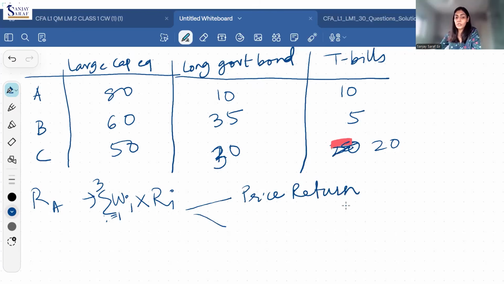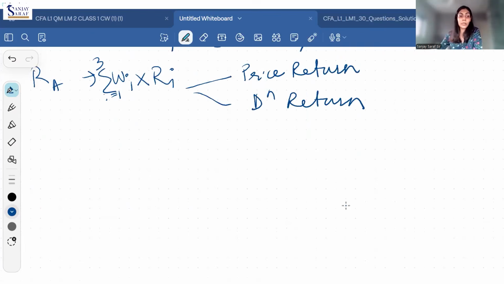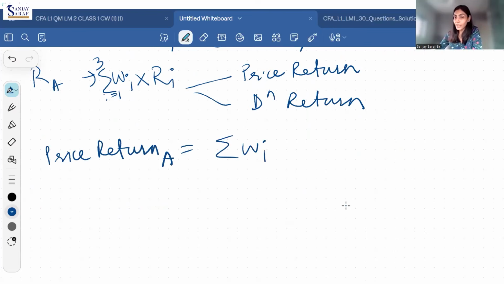Now, if I were given a distinction between price return and distribution return, I would have been able to calculate the price return of investor A. Again, summation of weight of each security in the portfolio into the price return of each security.